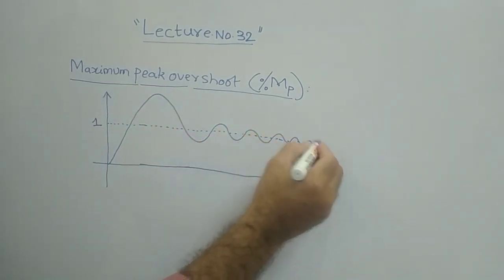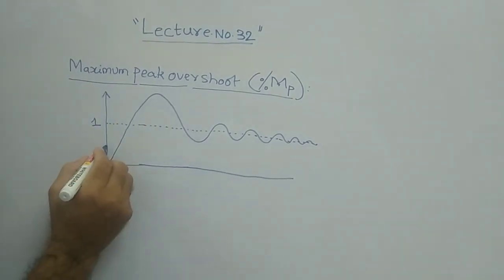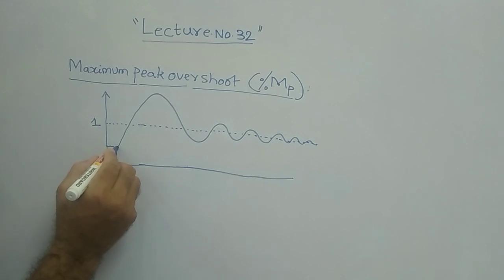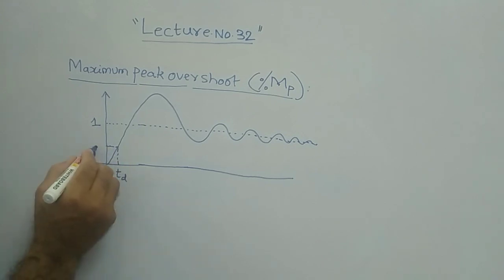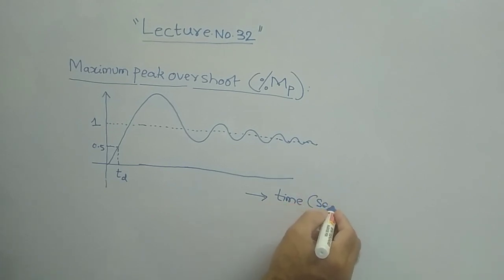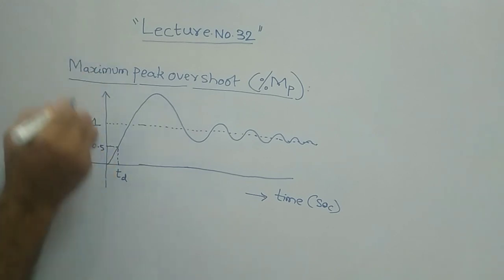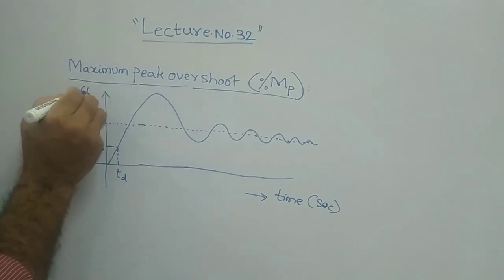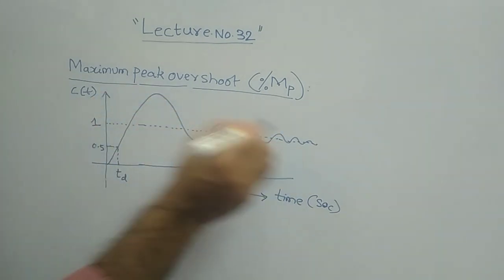This is basically the delay time, TD, normally it is 0.5. This is the time axis, in seconds, versus the y axis, which is C of t. So this is our response, C of t.